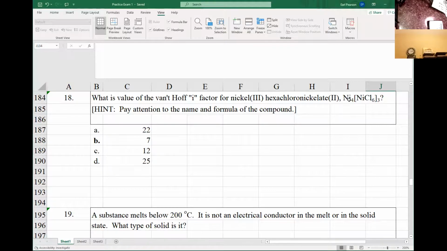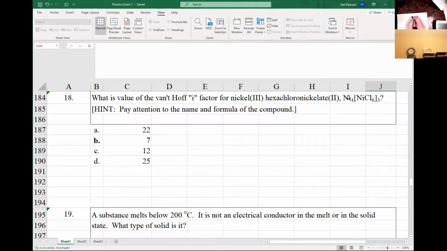But if you look at the way its formula is written, you've got Ni4, and then we've got that attached to NiCl6, 3.